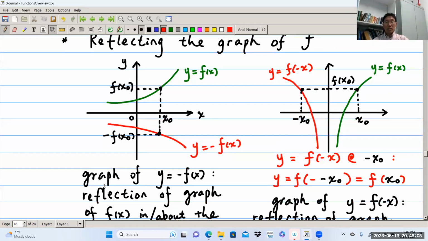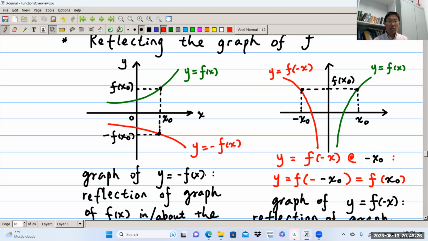Now, let's consider reflections. So y equals f of x. This is a machine. Now I make another machine. So basically, the output of this machine is just the opposite of my f of x. So this is y equals f of x. This is y equals negative f of x.